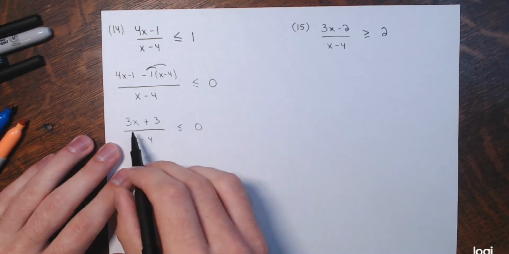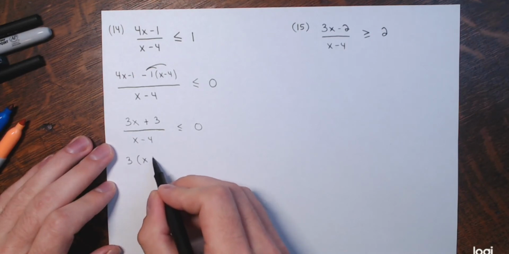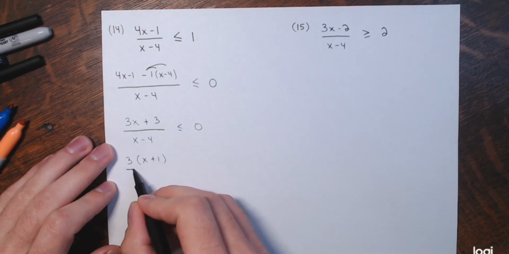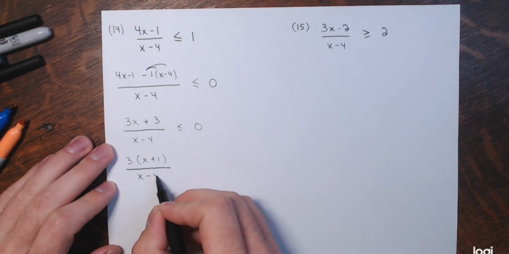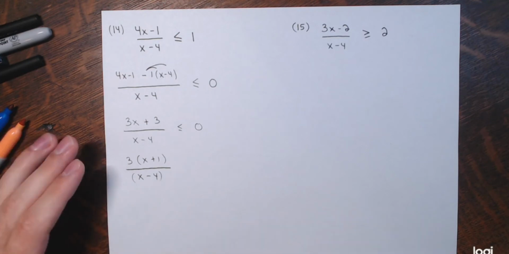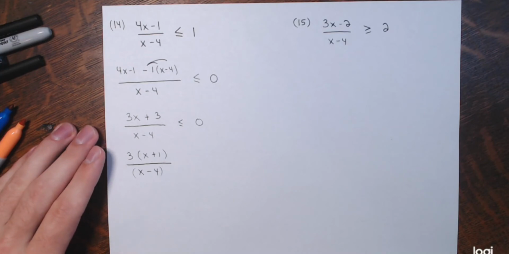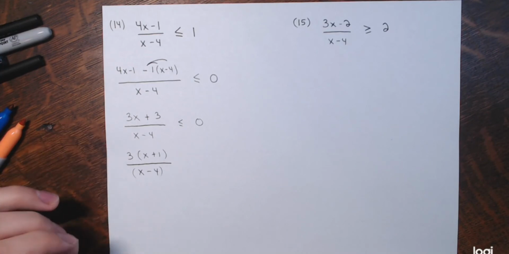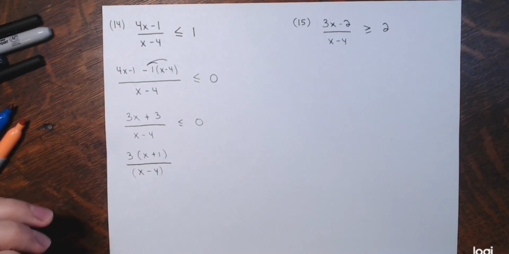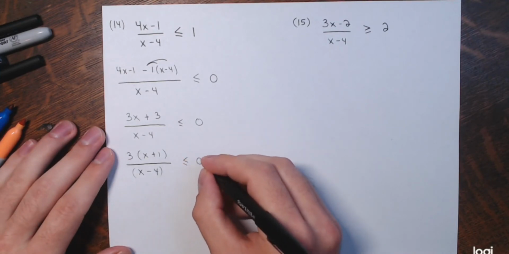And then I'm going to factor the numerator: you have 3 times the quantity x plus 1 over x minus 4 in the denominator here, and no common factors. Again, don't cancel things until after you list the critical values. If you want to cancel stuff, list the critical values first though.